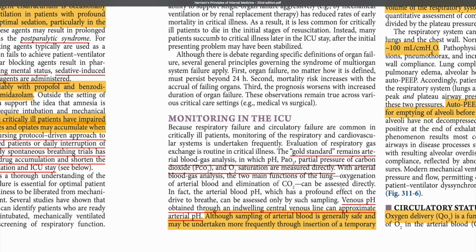There should be continuous monitoring in the ICU. That's what ICU says. Then I have underlined that the gold standard for monitoring in ICU is obviously ABG analysis.